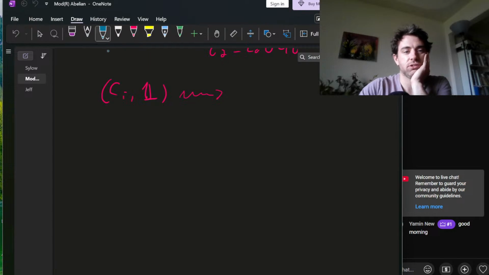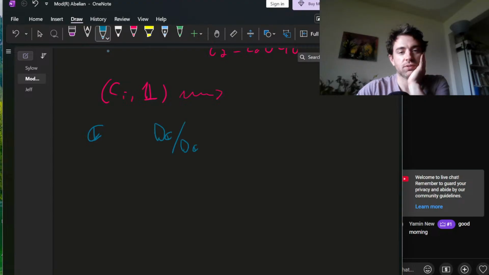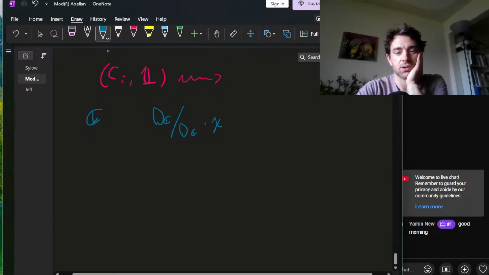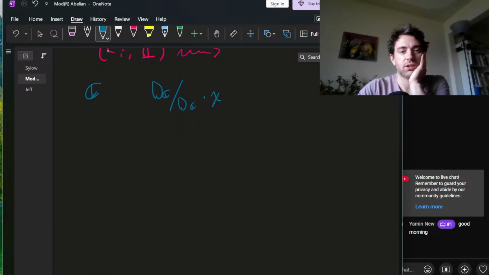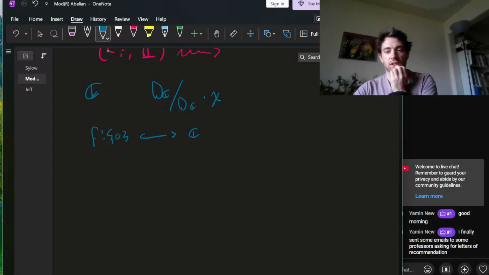I want to look at this example again, where we've got the complex numbers, and I have the D module, which is just given by taking the left ideal of x, for the inclusion of the origin into the complex numbers.